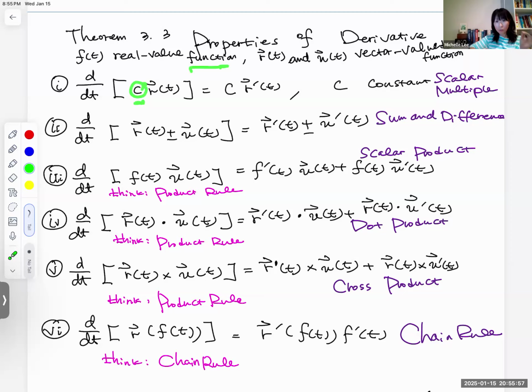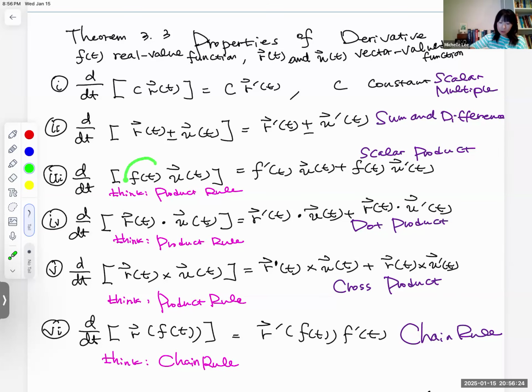So we keep the coefficient, then we differentiate the function. Okay, we have a sum and difference. Same as calculus 1, we treat it like a real valued function. So we differentiate the first term, and then we differentiate the second term respectively, right?